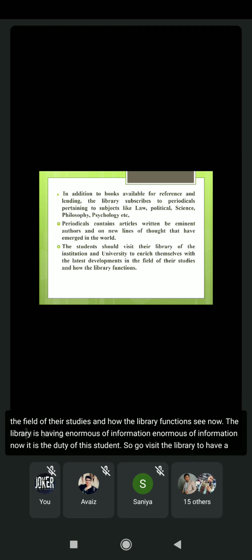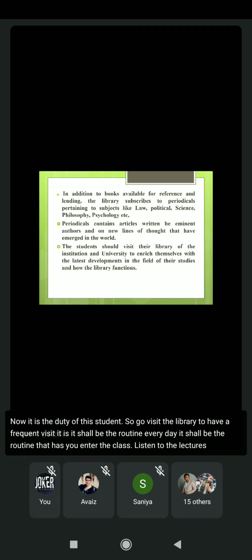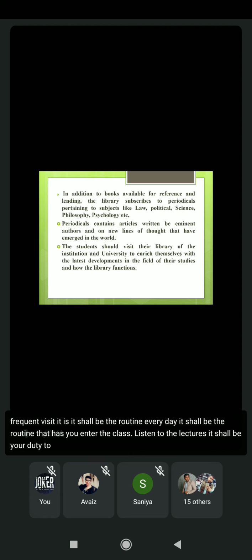It shall be the routine. Every day it shall be the routine that you enter the class, listen to the lectures. It shall be your duty to go to the library, sit for a time, read something, study something, and enrich your knowledge.